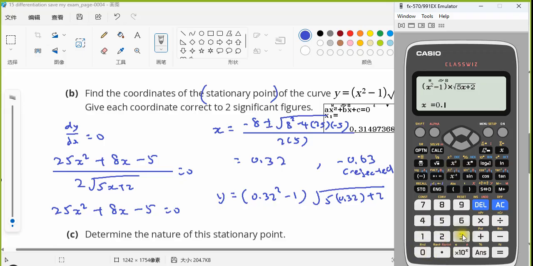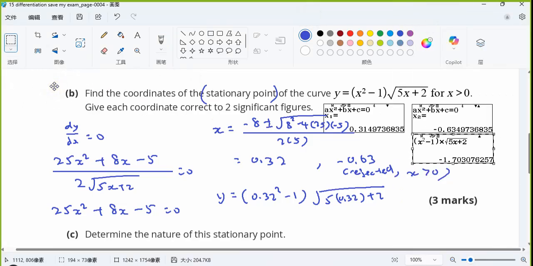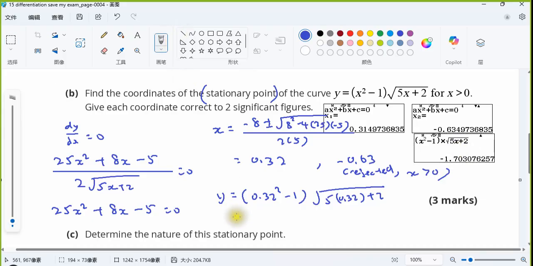CALC 0.32, so we will have negative 1.7, because the question asked for two significant figures only. So the coordinate will be 0.32, negative 1.7.